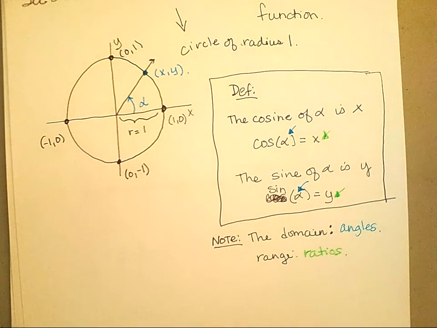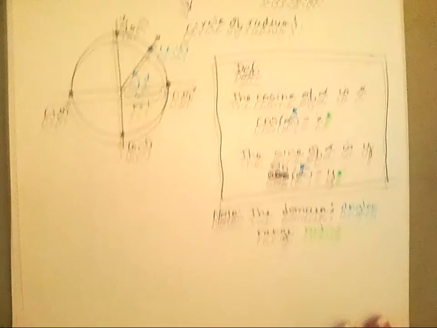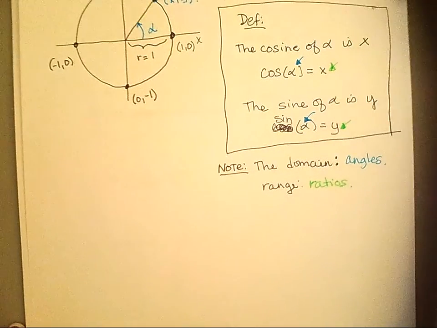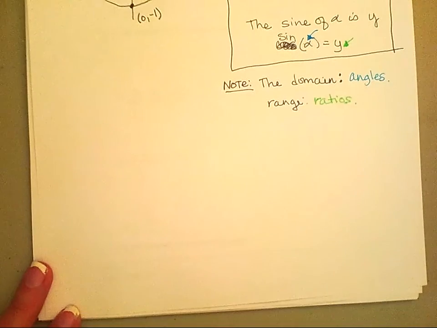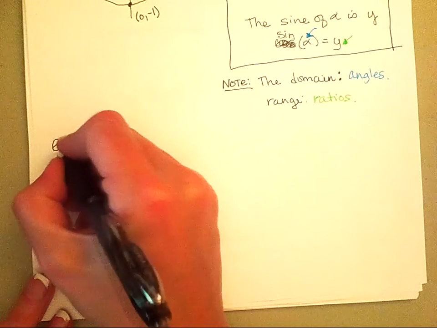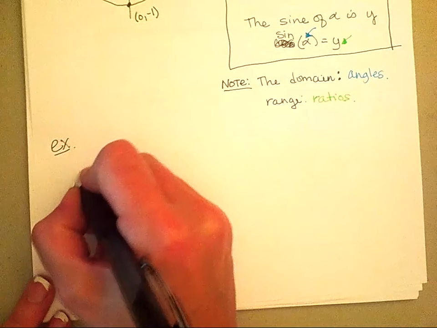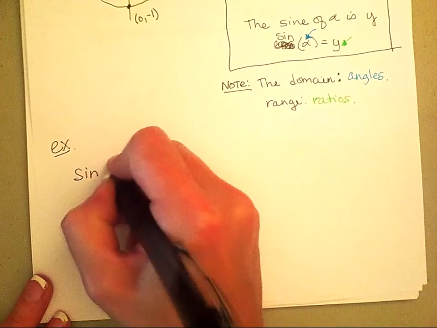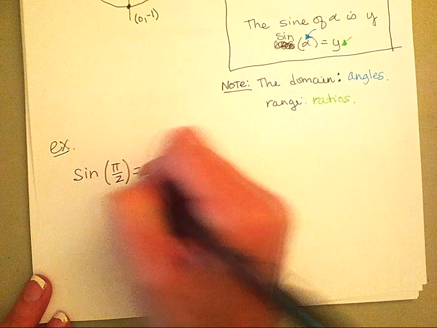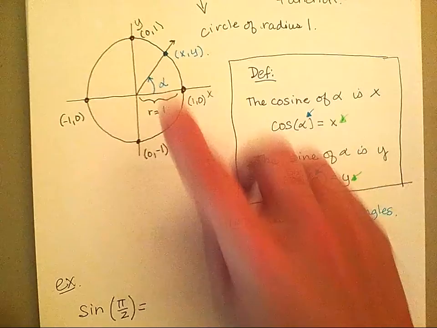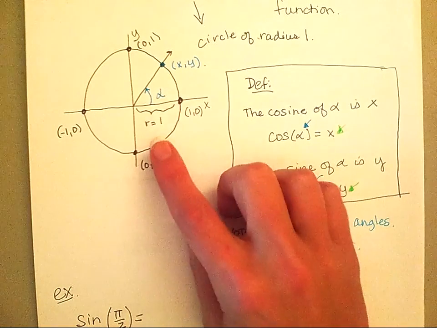Okay. So for right now, let's just use these definitions and try and find some examples. Okay, so for example, if I took the sine of pi over 2, what does that have to equal? Well, first of all, I come back up to the unit circle, and I find pi over 2.